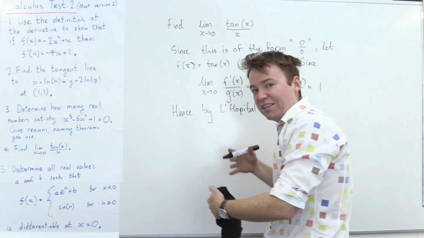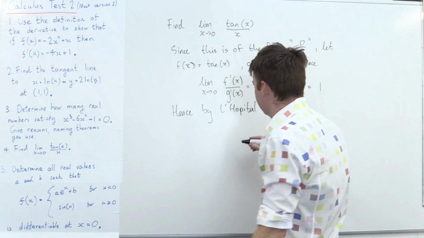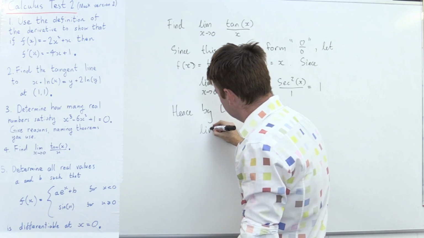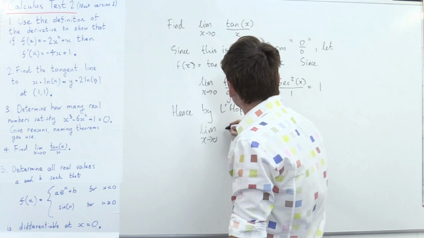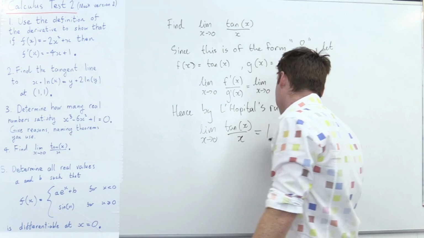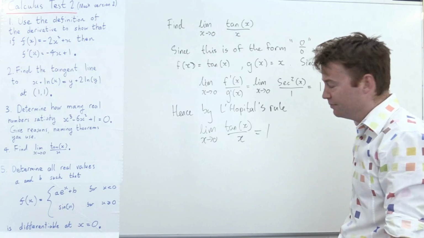To continue the analogy, we've paid for the stuff and now it's time to walk out of the shop. By the conclusion, by L'Hopital's rule, the original limit is equal to whatever that was, 1.